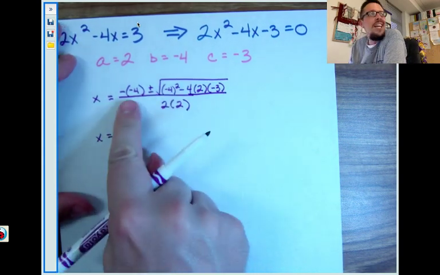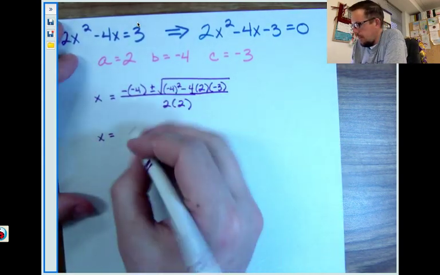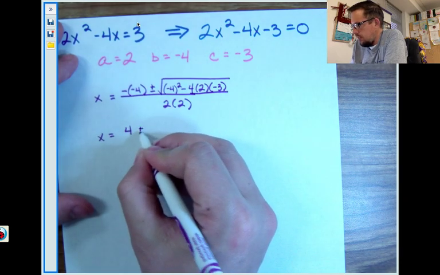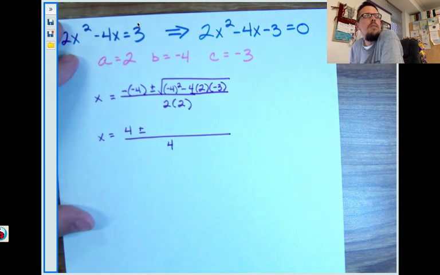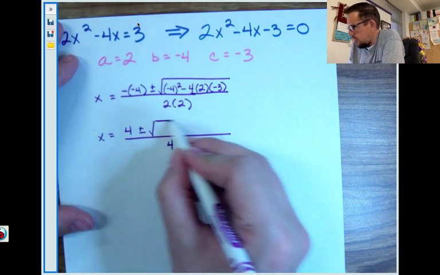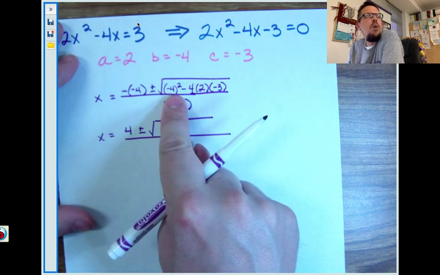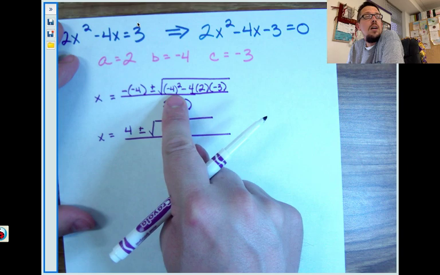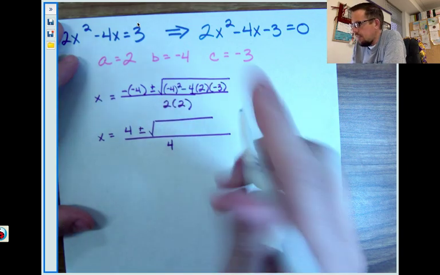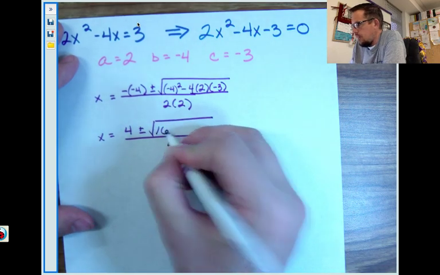Let's start off with this negative 4. Let's just make that a positive 4. And then on the bottom, 2 times 2, let's also make that a 4. And then let's work on the square root. Negative 4 squared is positive 16. Negative 4 times negative 4 is positive 16.